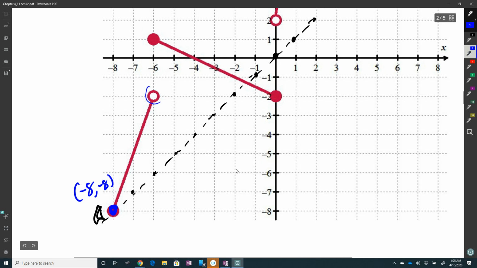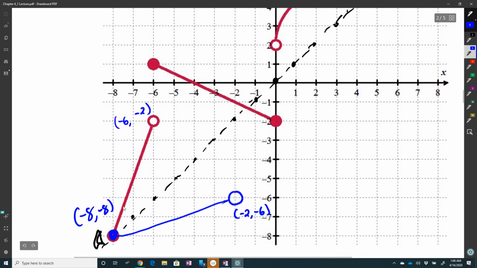This point is (-6, -2). So the inverse is going to be (-2, -6). So all you do is you swap the x and y values. (-6, -2) had an open circle, so (-2, -6) is going to have an open circle. The 2 points are connected with a line, therefore the 2 points are also connected with a line.